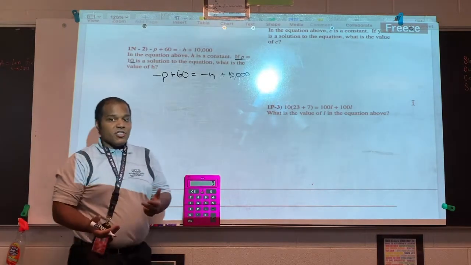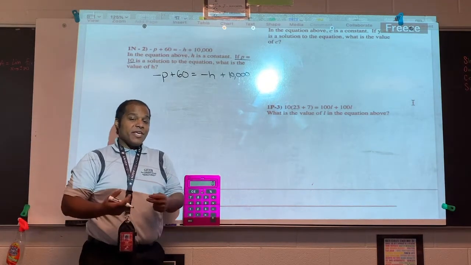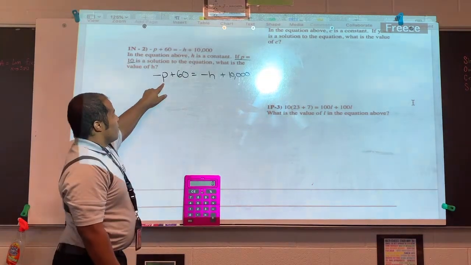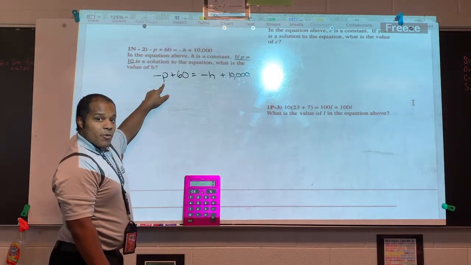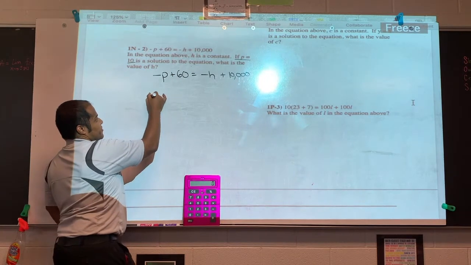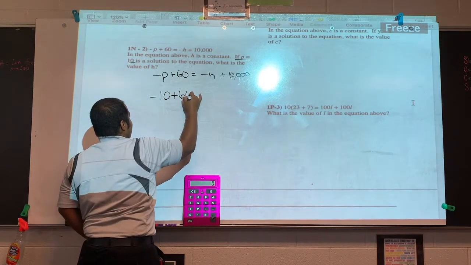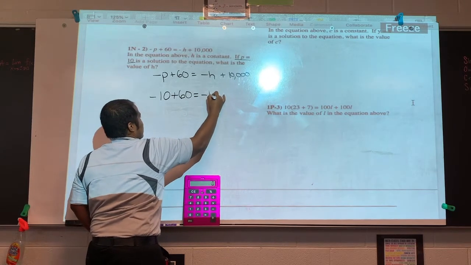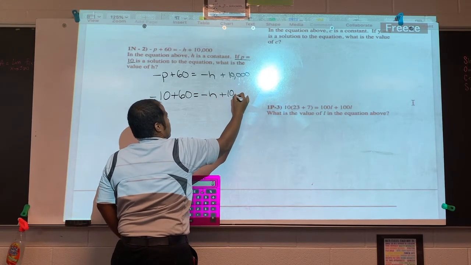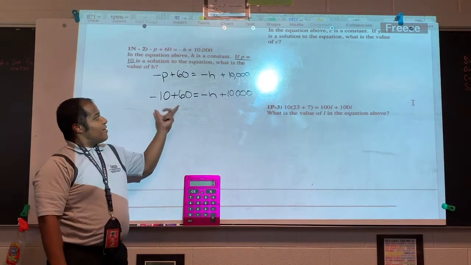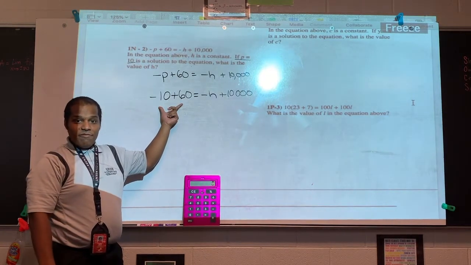What that tells us, just like the problem that you did before this, is we can substitute one value in for another. So, they told me that p is 10. I'm going to replace it with a 10. Now I have something that I can simplify.